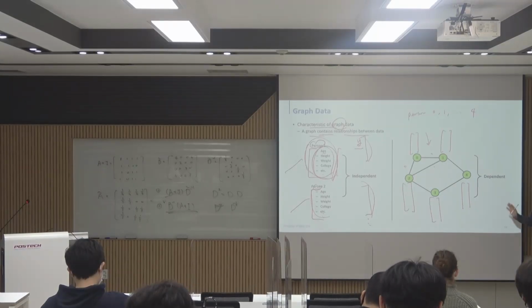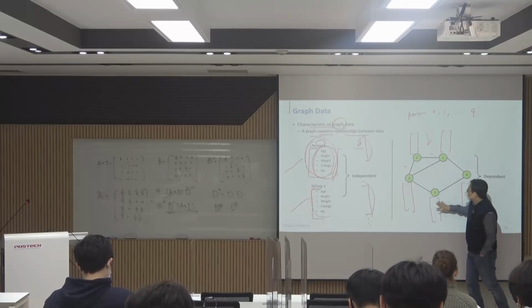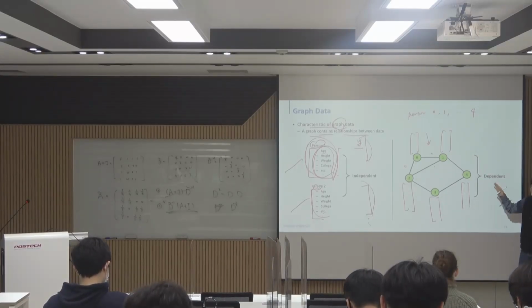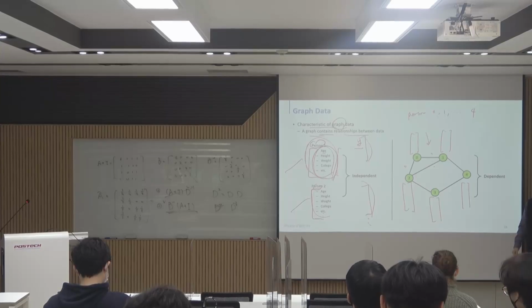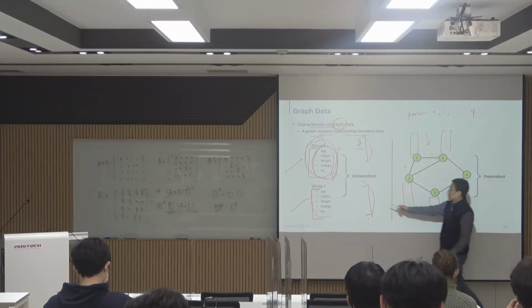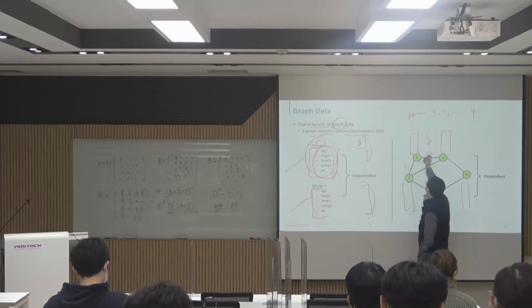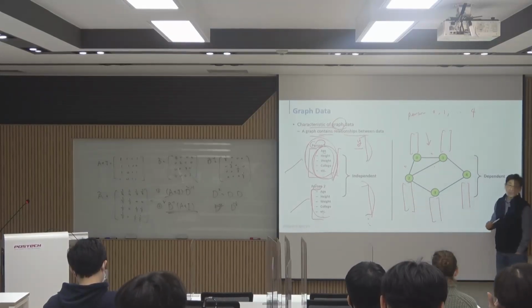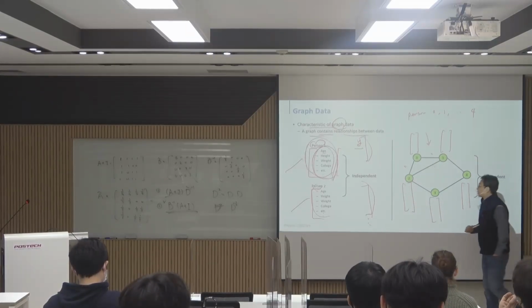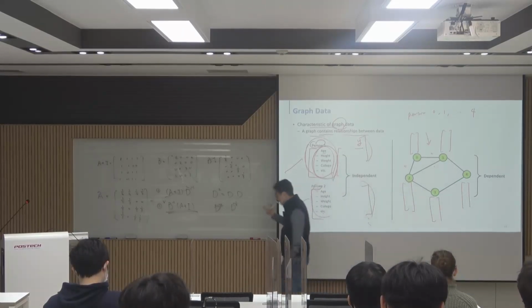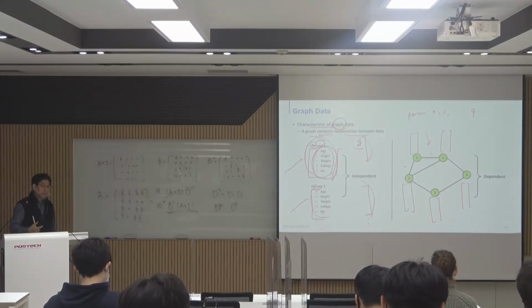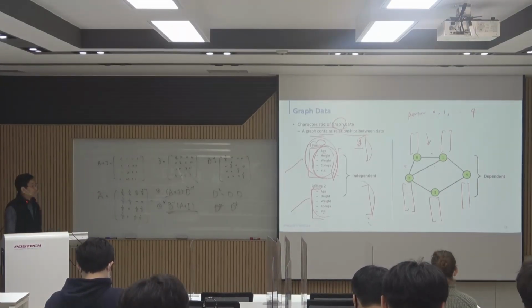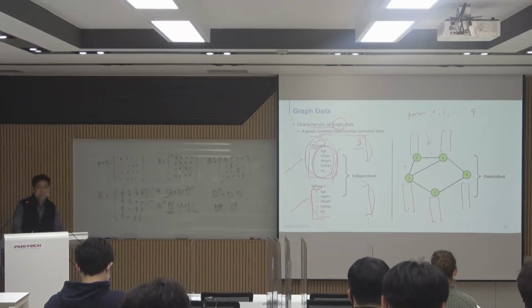So the idea is that we want to take this dependent information into account whenever we make predictions or build models, along with the individual features. So that's the motivation for why we need to think about graphs and graph neural nets. Does that make sense?